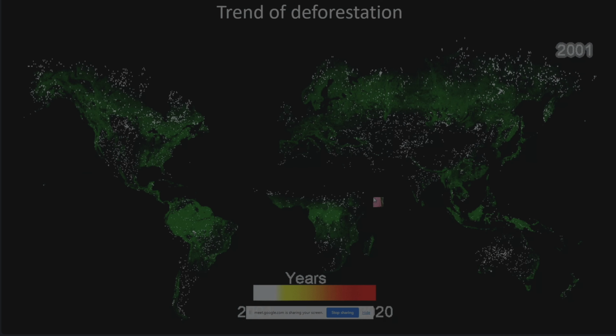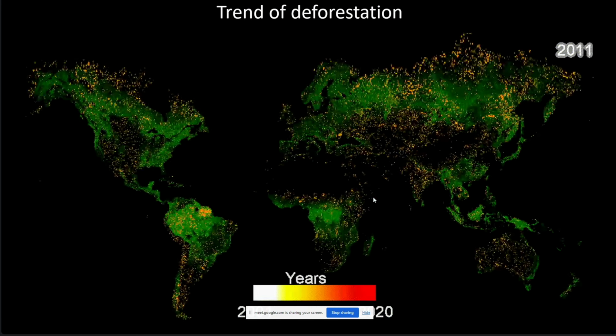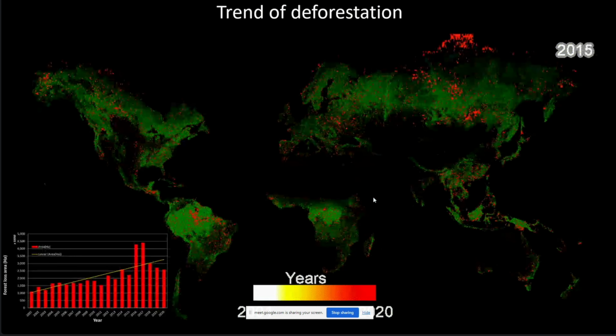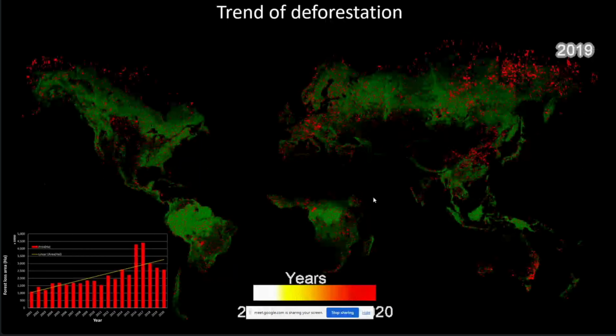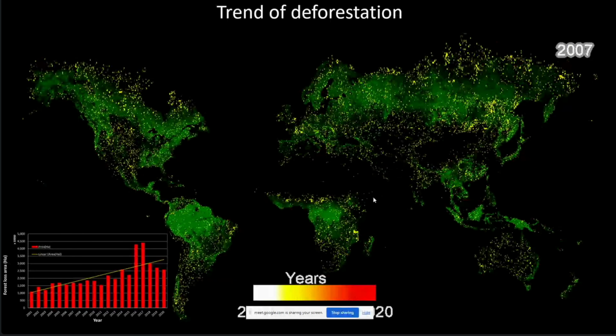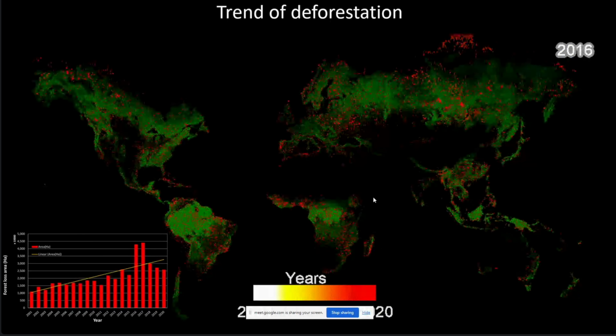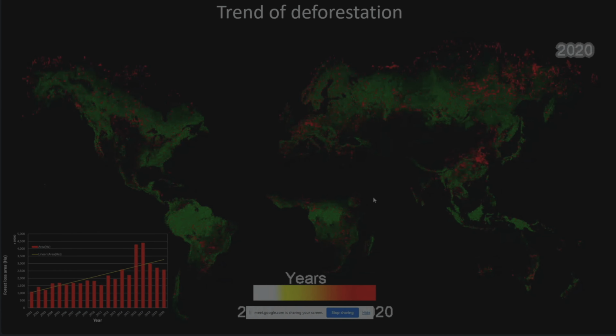However, the trend of forests over the years has been decreasing. This is data from the Hansen forest source data, from 2001 to 2020, and you can see that the trend of forest loss has been increasing over time.